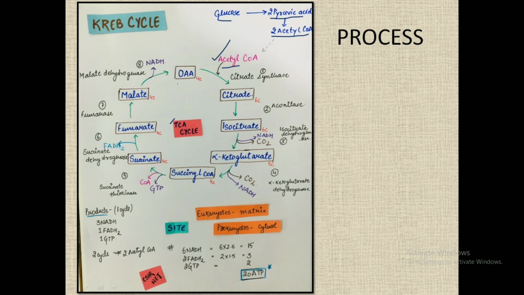First of all, the oxaloacetic acid combines with acetyl coenzyme A in the presence of citrate synthase to form the first stable product, that is citrate, and this citrate gets converted into isocitrate in the presence of aconitase. One extra point to remember about aconitase is that it is a moonlighting enzyme.